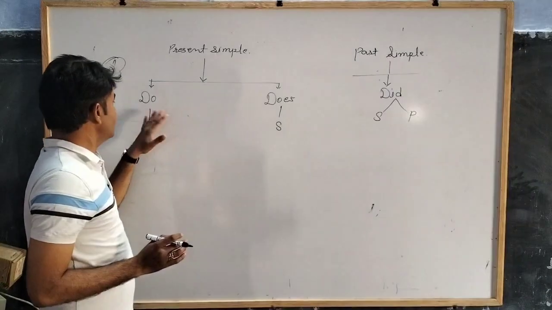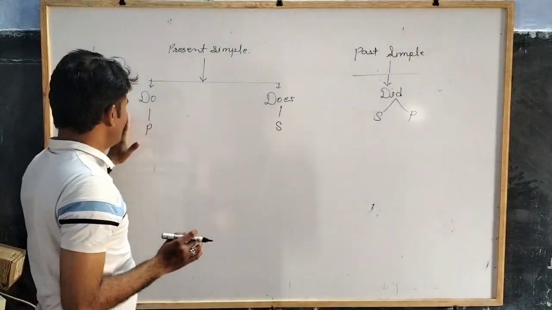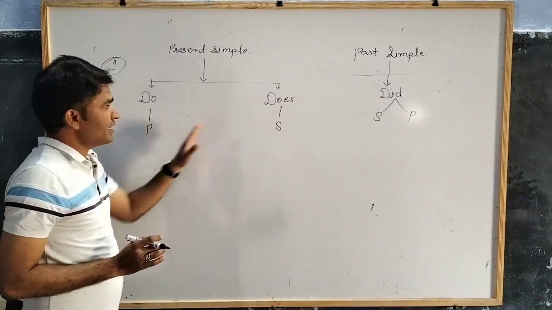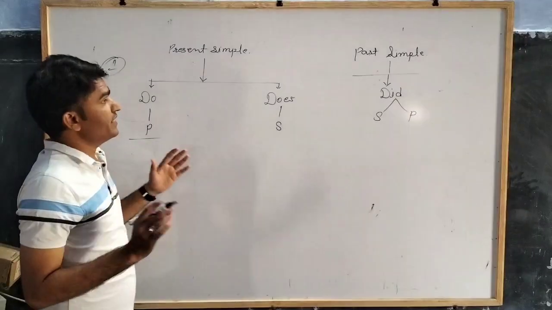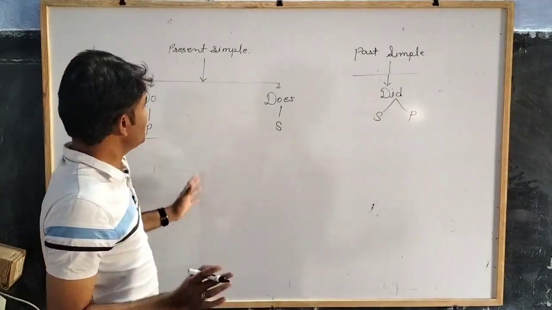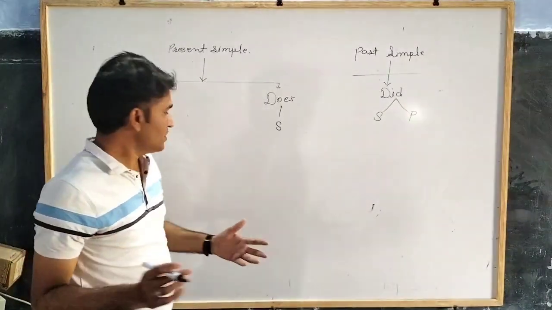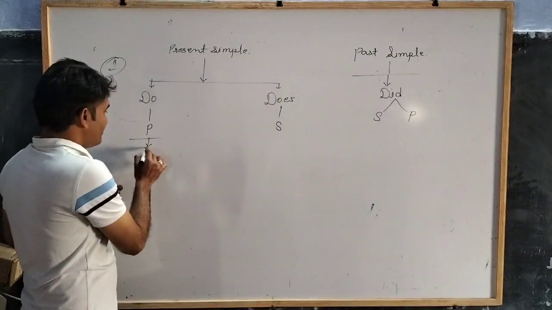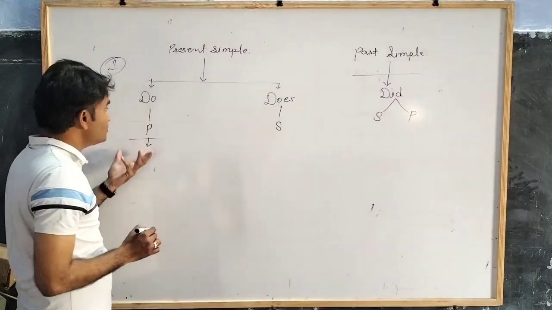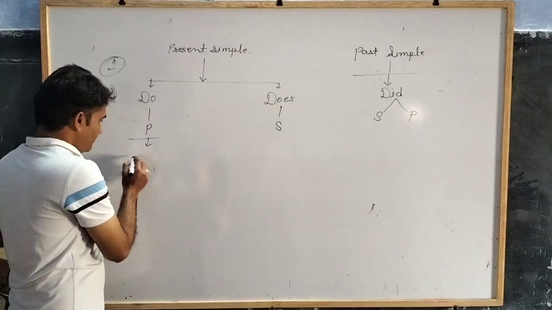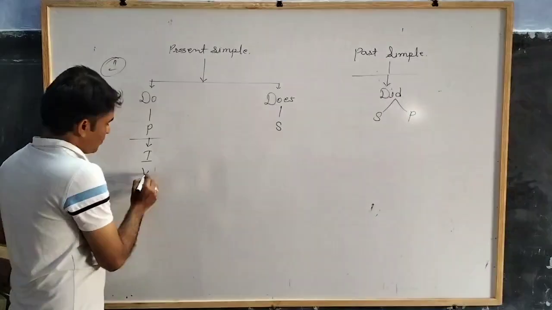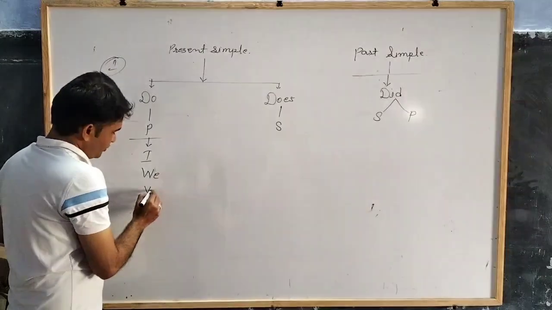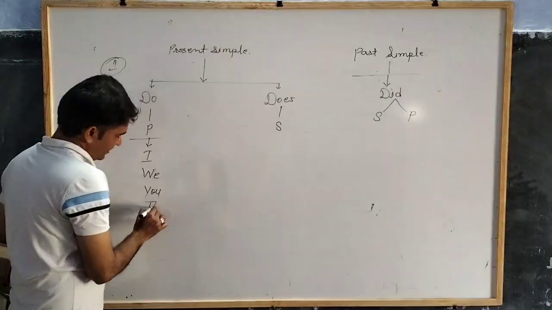Right now, talk about do and does. Do, as I mentioned, is plural. Does is singular. In tenses, we especially use these helping verbs with pronouns. So, what are the plural pronouns that will be used with the helping verb do? These pronouns are I, we, you, and they.